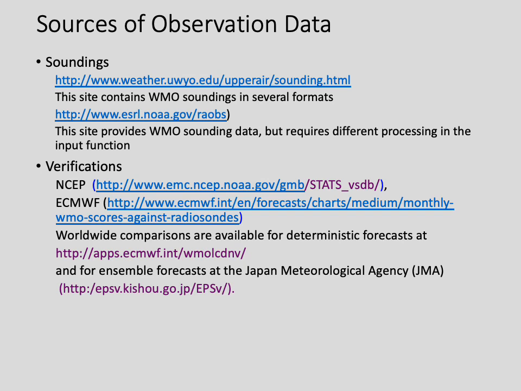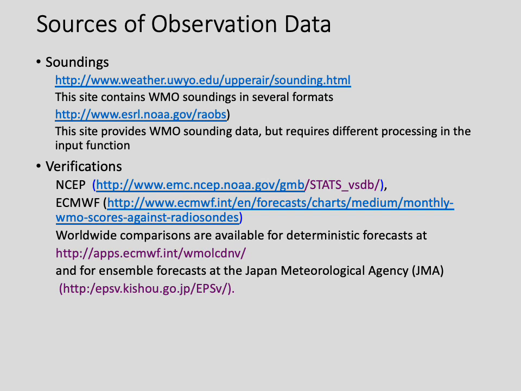Many weather service centers provide daily verification products on their website. Here I list the websites of NCEP and ECMWF. Verification of ensemble forecast can be found in Japan Weather Agency.